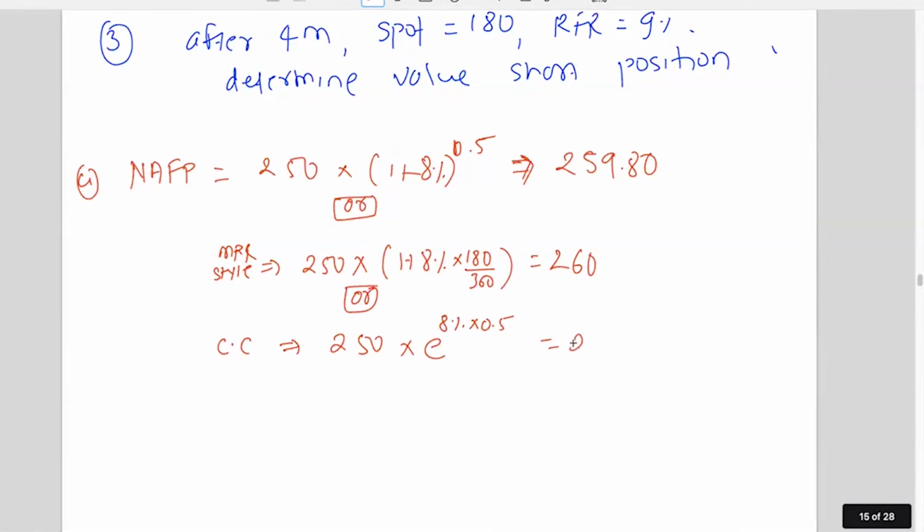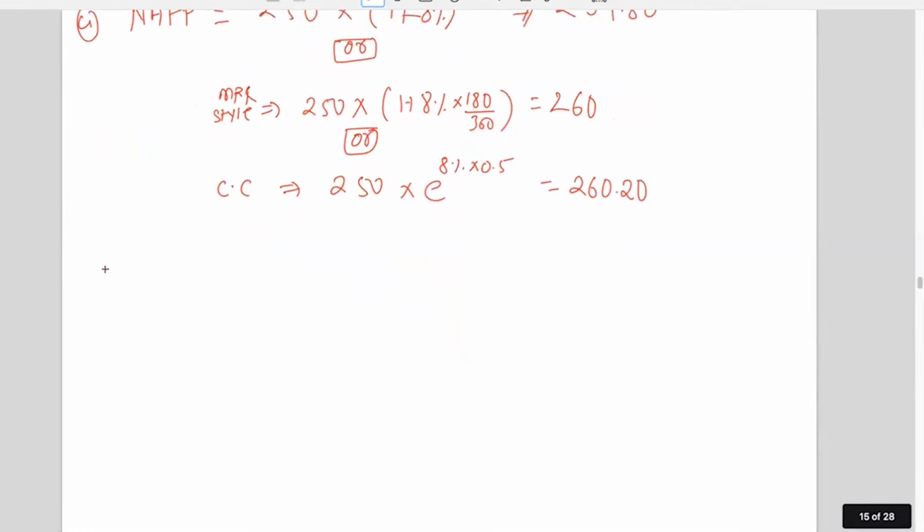So this is giving me 260.20. That's it. These are like some variations, but at the end of the day, you have the same answer in that same ballpark range. Is everyone comfortable? Do you think you'll be able to pull off these type of questions? All right, then B.